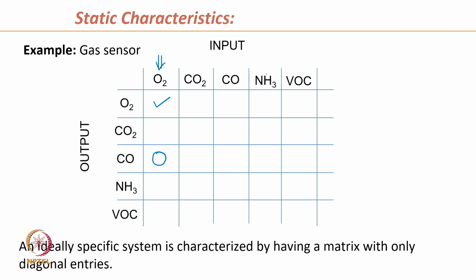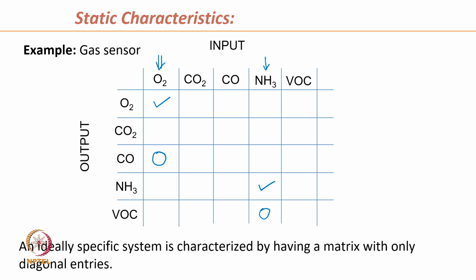Similarly, let us say we flow NH3 in the system, so NH3 should be detected, but along with this VOC is also going to be detected. So, this is undesired, which is because of the non-selectivity of the sensor.